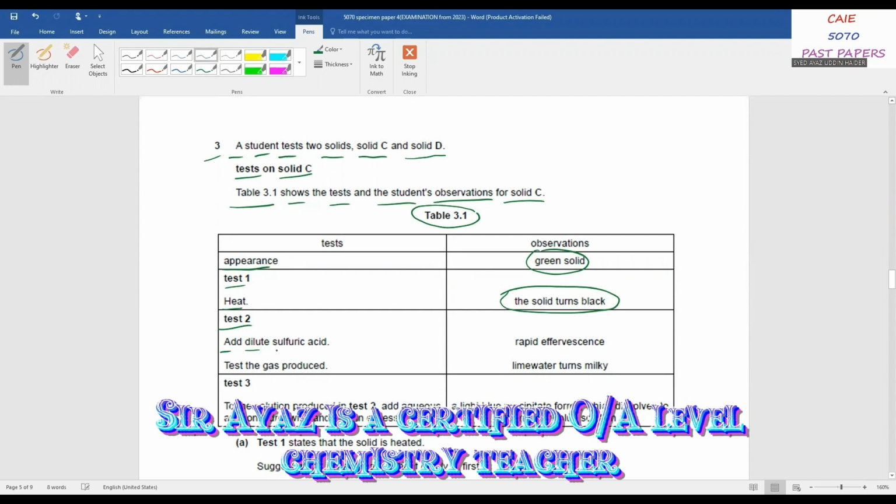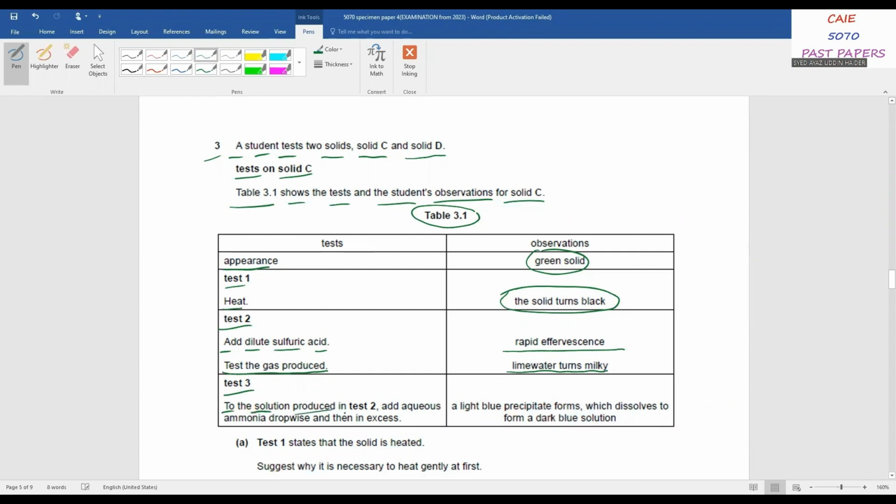Test 2, add dilute sulfuric acid, you'll see rapid effervescence. Test the gas produced, lime water turns milky. Test 3, to the solution produced in test 2, add aqueous ammonia dropwise and then in excess. A light blue precipitate forms which dissolves to form a dark blue solution.